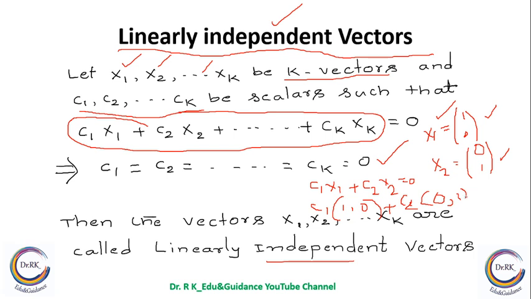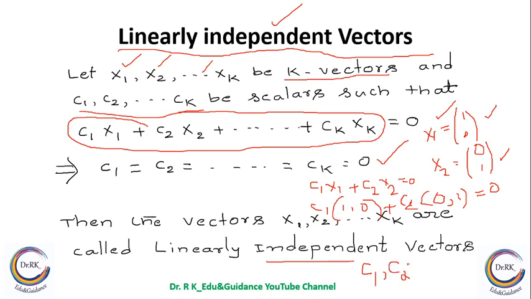Now if we simplify this, what do we get? c1 into 1, the first element, plus c2 into 0, so the first element we get is c1. And c1 into 0 is the second element, plus c2 into 1.